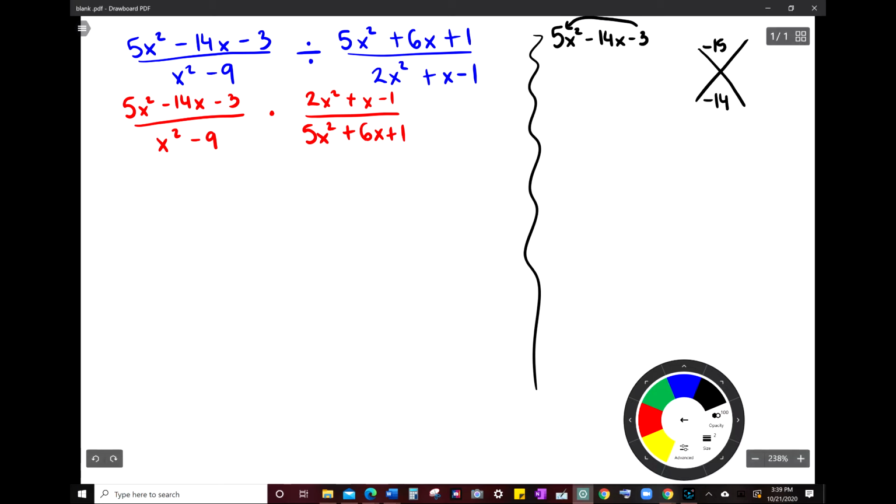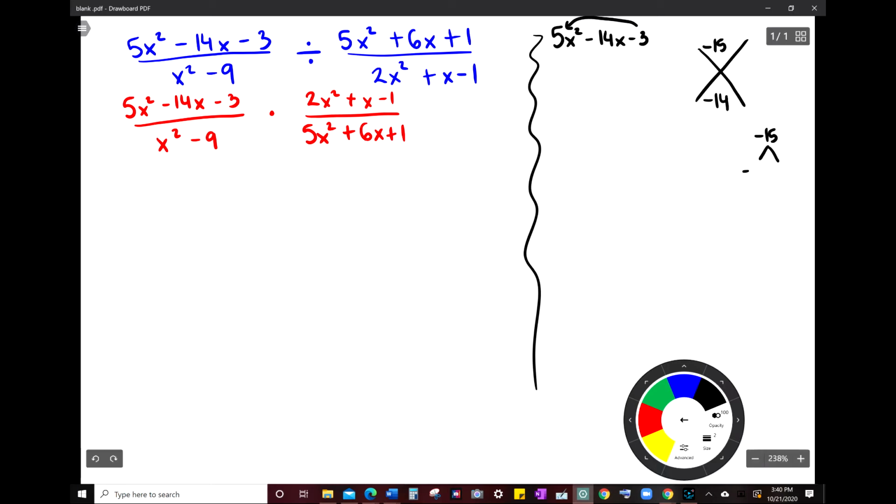Basically I'm trying to figure out the two numbers that multiply to get negative 15 and add up to get negative 14. The strategy is to find all the factors of negative 15.